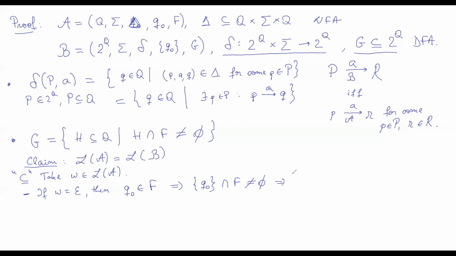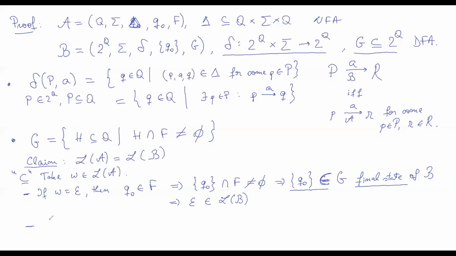And what this means is that this state of the automaton B is a final state. So this, in fact, is so in F. So in other words, it's a final state of the automaton B. So there you have it. This is the initial state, but it's also a final state. And so that means automatically that epsilon is in the language of B.